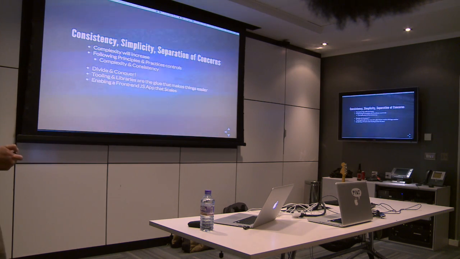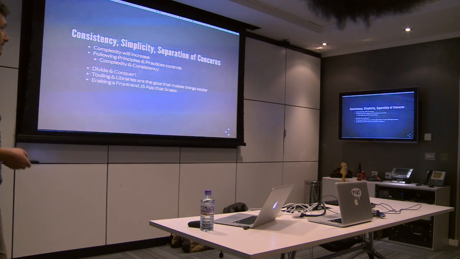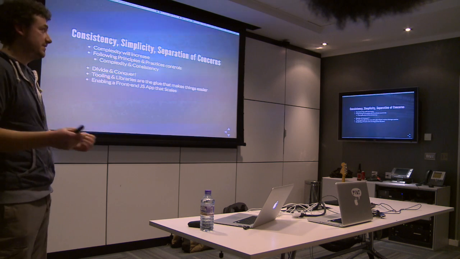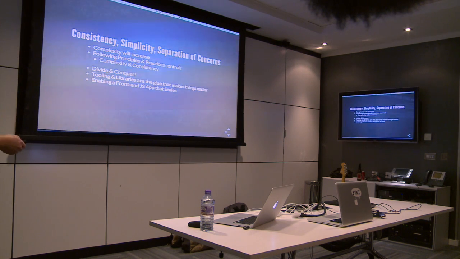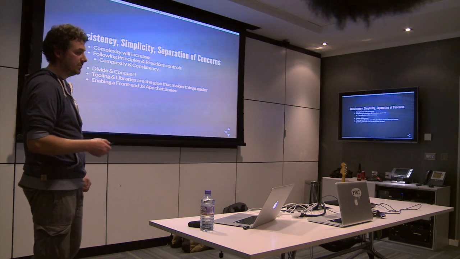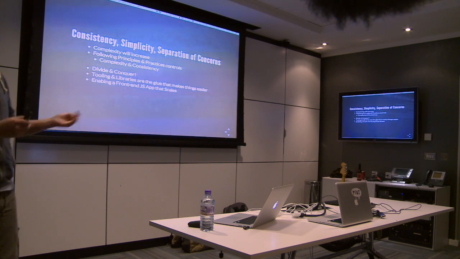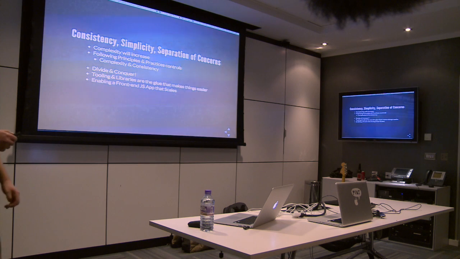So finally, hopefully, doing things consistently, making things simple and separating concerns are all really beneficial. Complexity ultimately within a complex web application is going to increase, but if you follow these things, you'll end up with a maintainable front end. We've gone with dividing and conquering by vertical slice. I think web components show that that's the way we're going to be building web applications anyway, and it certainly helps with scaling.